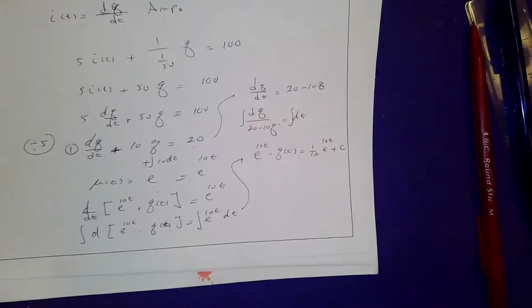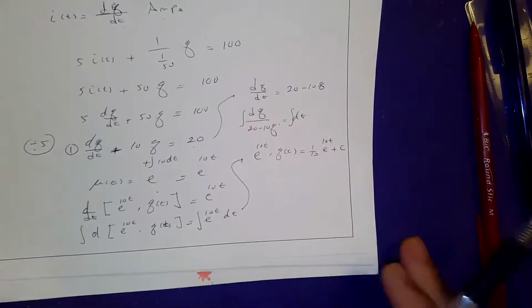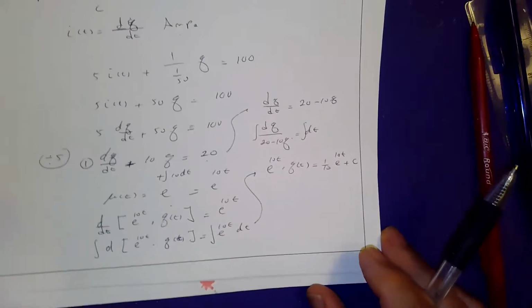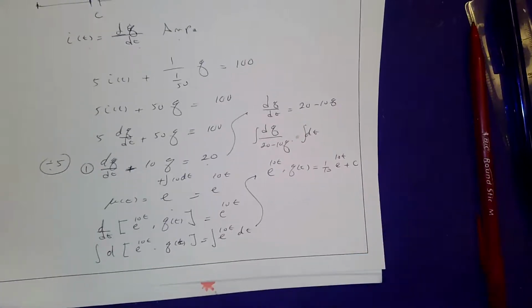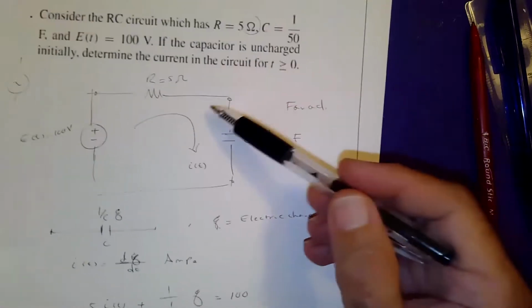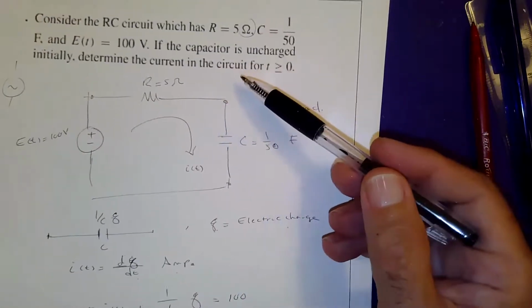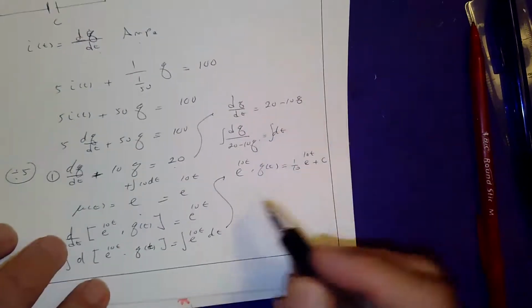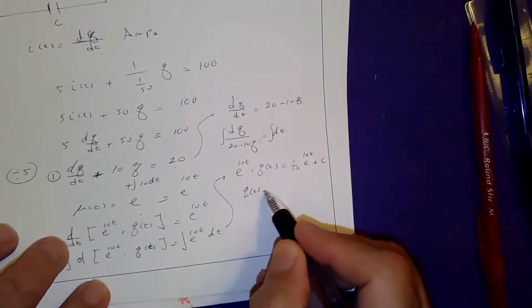Now, how do I find C? Any idea? What is my initial condition? The initial condition is that the capacitor is uncharged. That means there is no electric charge in the capacitor, so Q of 0 is 0.